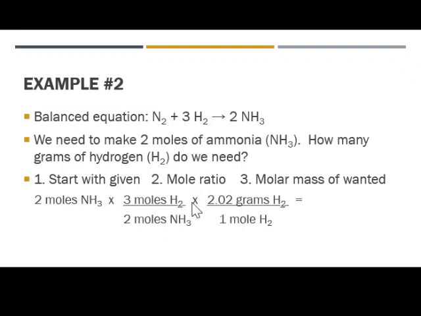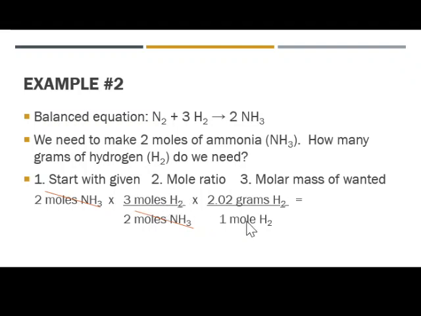So now I have my first conversion. That's my moles to moles. Now I need to go from moles to grams. Well, the only way I can go to grams is through the molar mass, and I'm going to end up with grams of hydrogen. So that's why I've calculated the molar mass of hydrogen. Now, when I've set this up, the moles of ammonia have canceled, and I'm in moles of hydrogen.